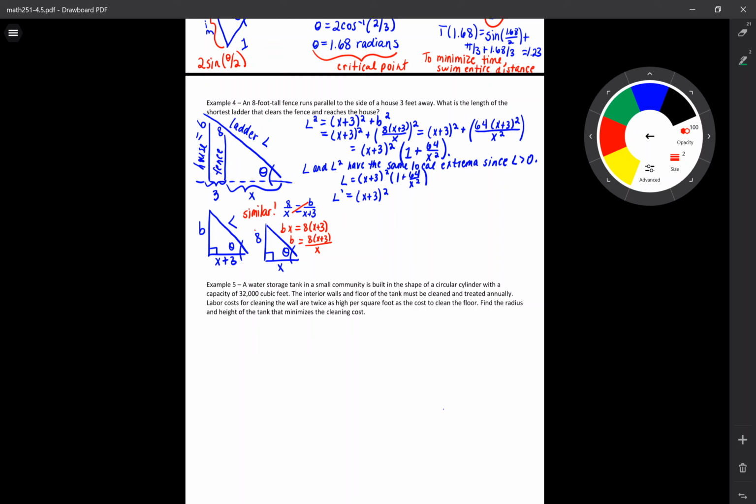Well, that 1 disappears. We can rewrite 64 over x squared as 64 times x to the negative 2. And if we take the derivative of this, I get negative 128x to the power of negative 3, or negative 128 over x cubed. So that is the derivative of the second, negative 128 over x cubed.